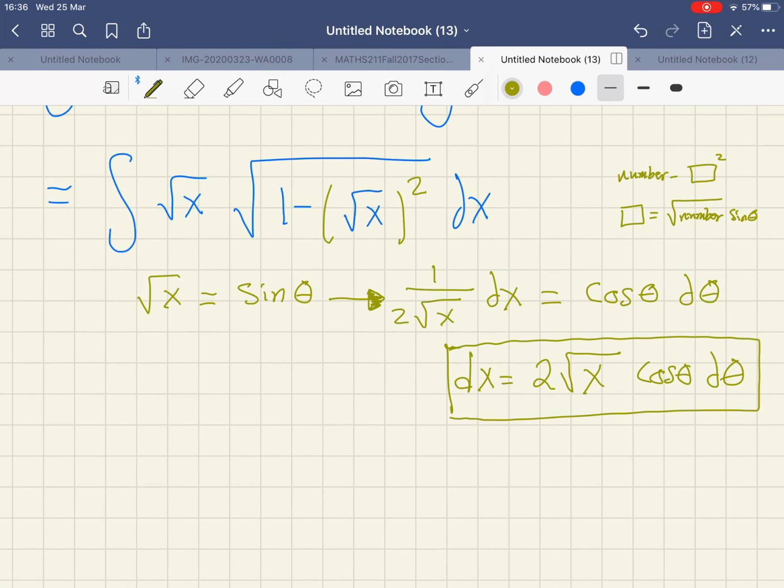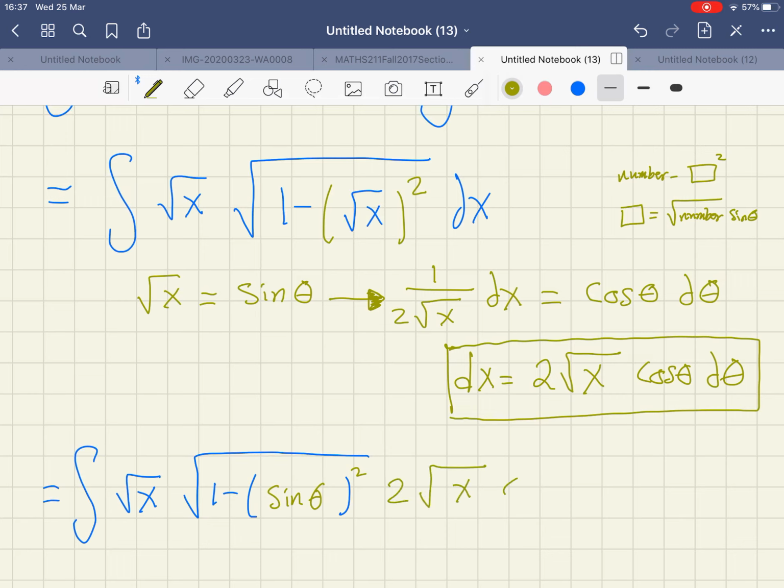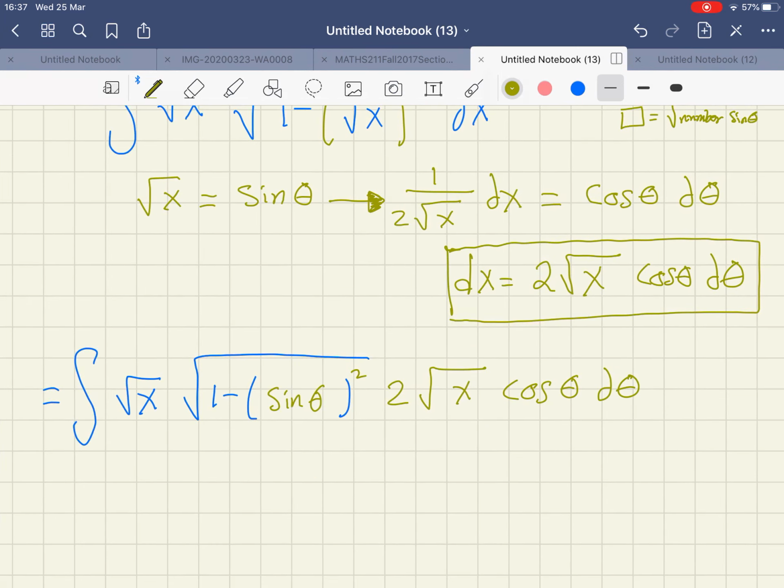Now if you substitute them, what you will get is this: square root of x square root of 1 minus, now this one we already call it sine theta square dx. Now it is 2 square root of x cosine theta d theta. Still we have an x, so the best way is let's replace square root of x.